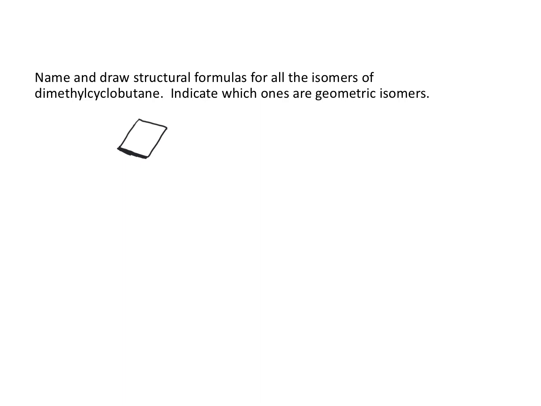We could put the two CH3 groups on the same carbon here, and that would be a 1,1-dimethylcyclobutane.